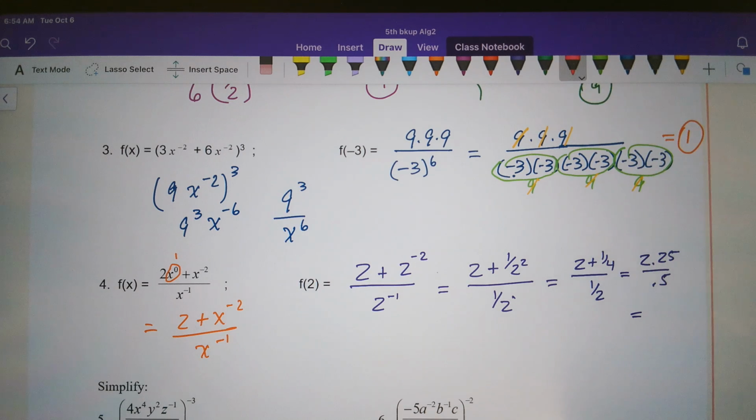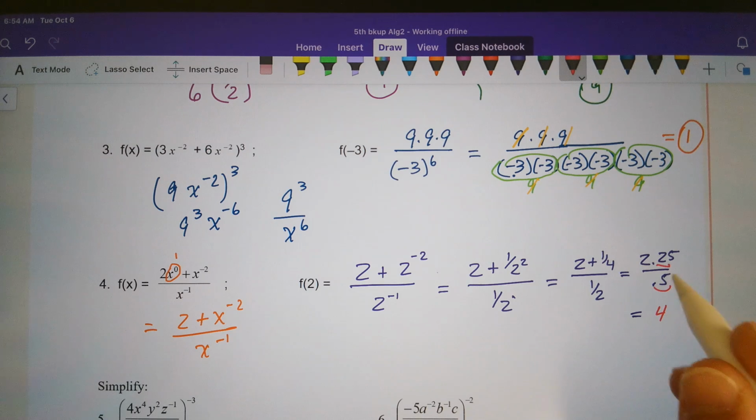Well, let's try this. Whenever we divide, we have to divide by a whole number. So I'll move that decimal point over once. Do the same there. 5 goes into 22 4 times is 20, and then 5 into 25. Yeah, 4.5. That was much tougher.